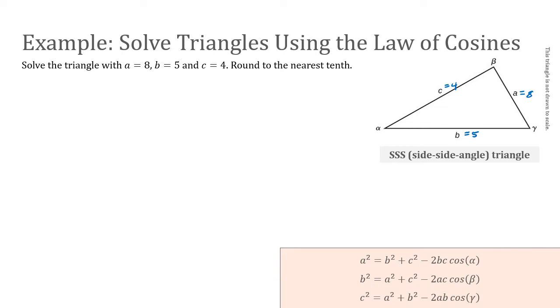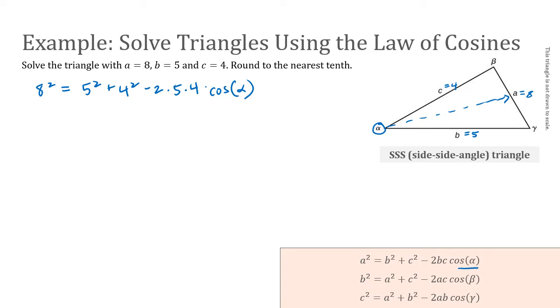I'm going to go ahead and just start with alpha and use the length of the side that's across from it. So for alpha, I know that I need to set a squared equal to the other two sides squared. So that would be 5 squared plus 4 squared minus 2 times 5 times 4 times the cosine of alpha.